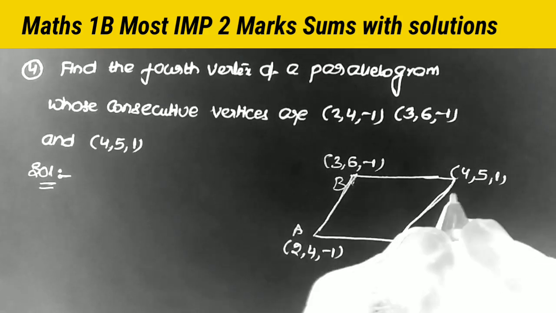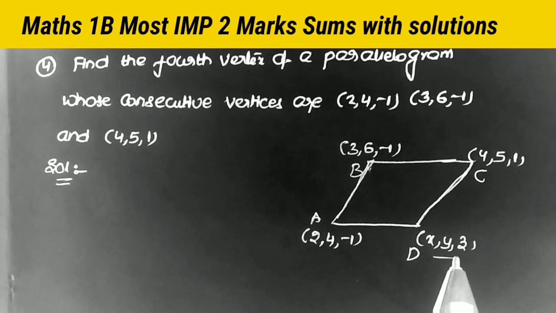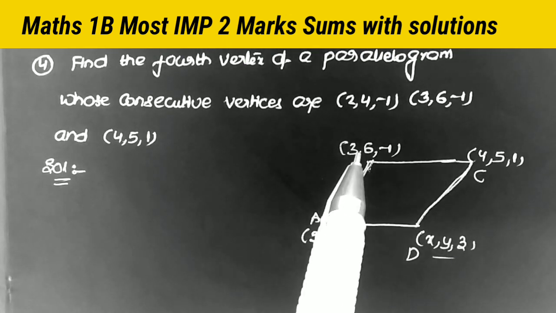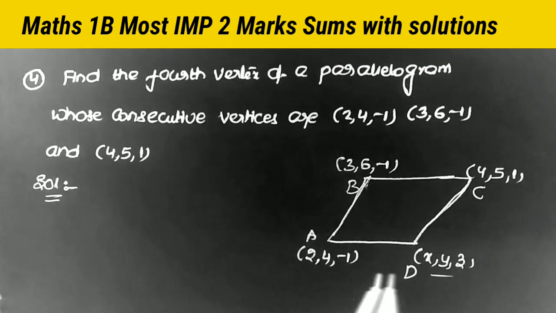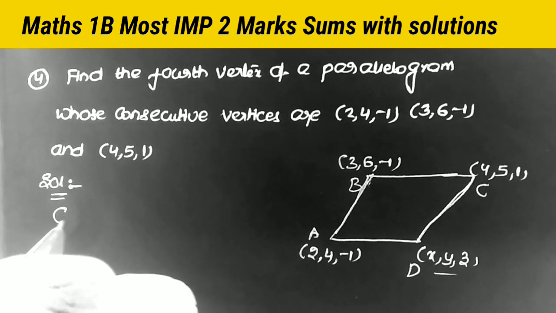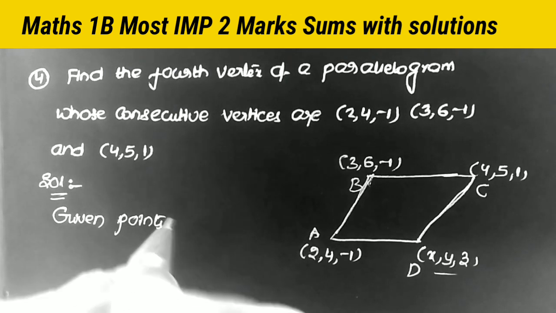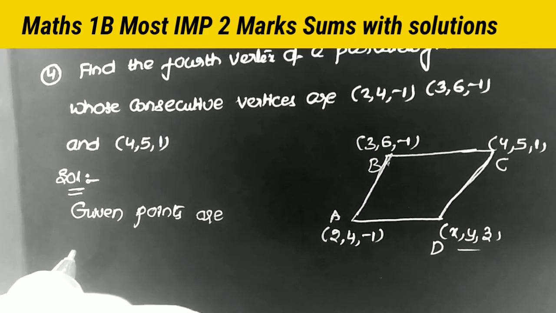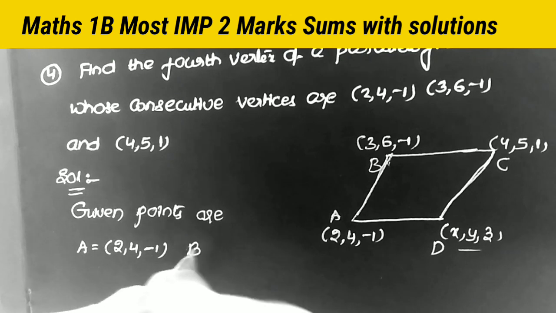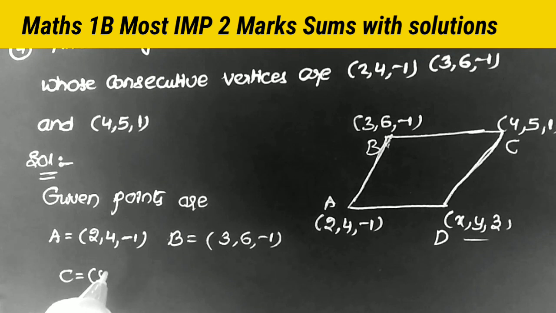First I take the vertices as ABCD. We have to find the fourth vertex. Now, what is the property of the parallelogram? Midpoint of AC is equal to midpoint of BD. By applying that property, we will find the fourth vertex coordinates. First I write the given data. Three points are given and we take them as A, B, C. That is A is equal to (2, 4, -1), B is equal to (3, 6, -1), and C is equal to (4, 5, 1).